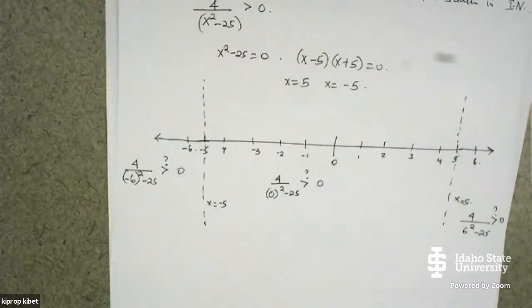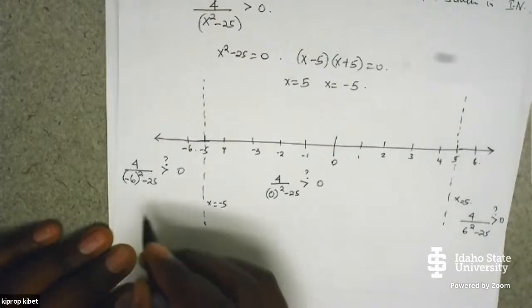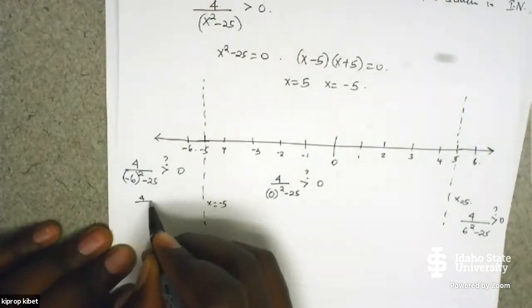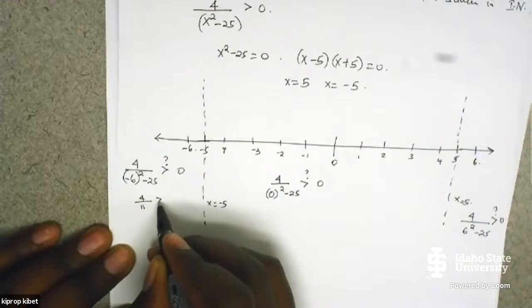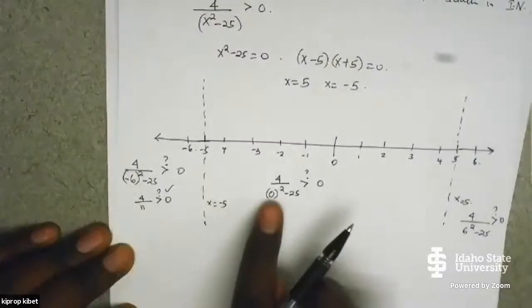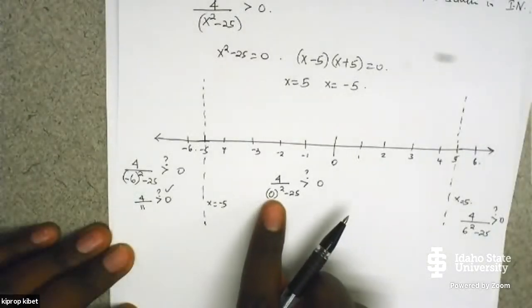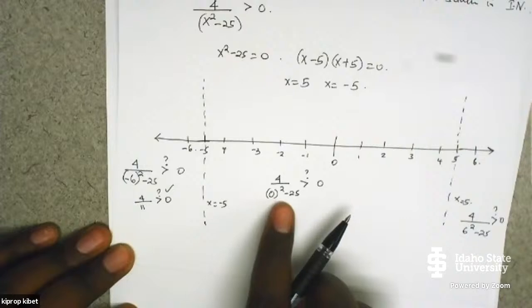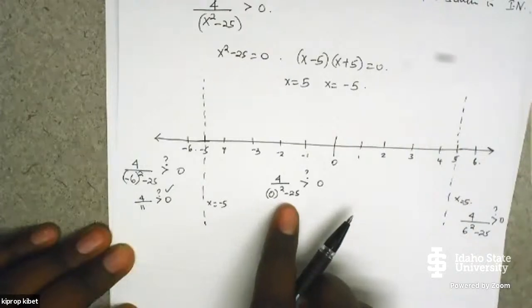Okay, let's start from this first one. Minus 6 squared is 36. 36 minus 25, so 4 over 11. Is this one greater than 0? Yes, so this is greater than 0. Now, if we put 0 here, 4 all over negative 25.